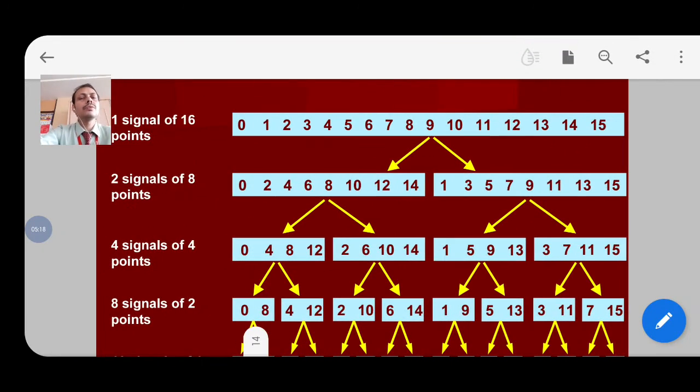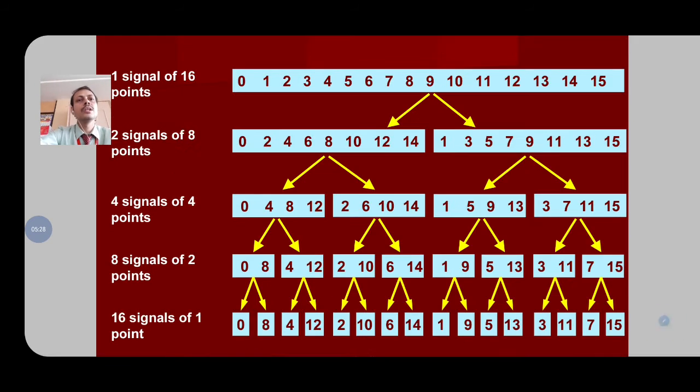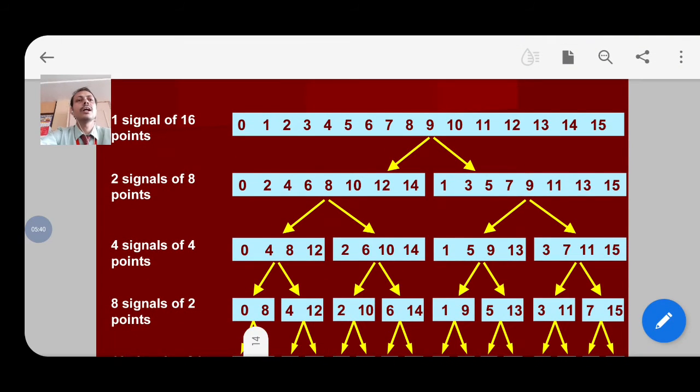First we divide into even and odd, with the even values on one side and the odd values on the other. So 0, 2, 4, 6, 8, 10, 12, 14 are the even values, and 1, 3, 5, 7, 9, 11, 13 and 15 are the odd values.